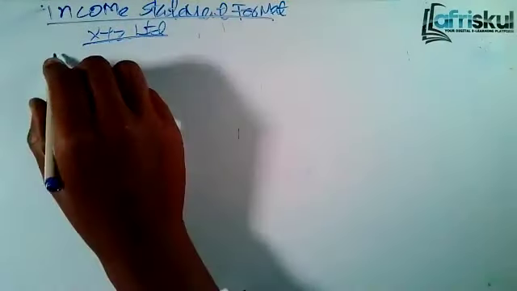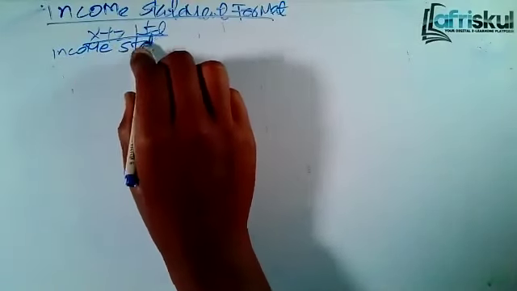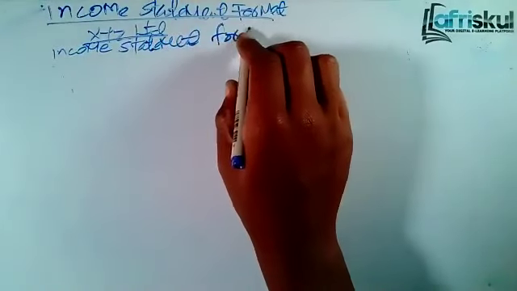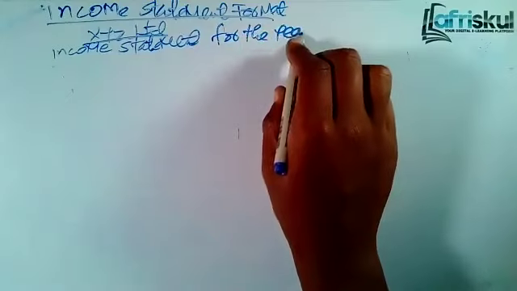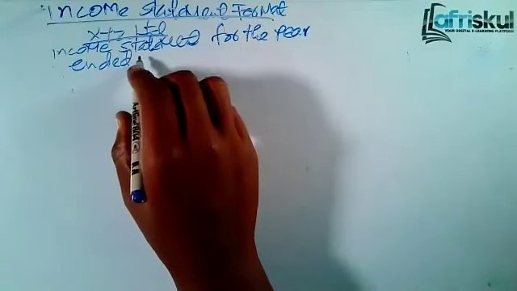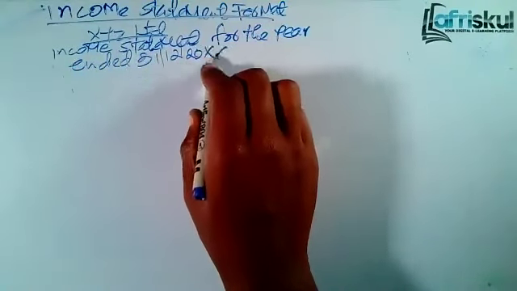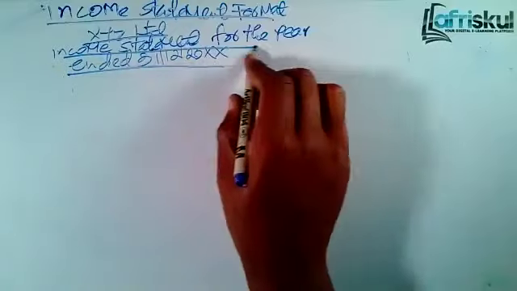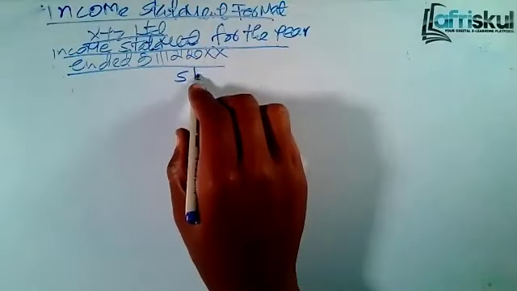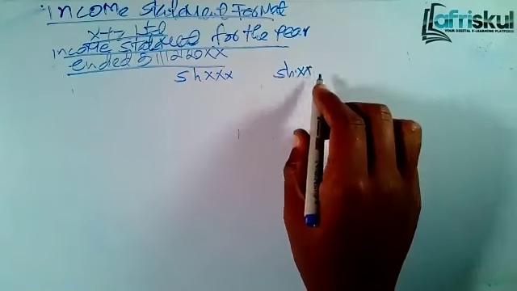Then you talk about the income statement for the year ended, let's say 31st December, a year that we are not aware of in this case. So I will have these two columns, that is shillings in thousands and shillings in thousands.